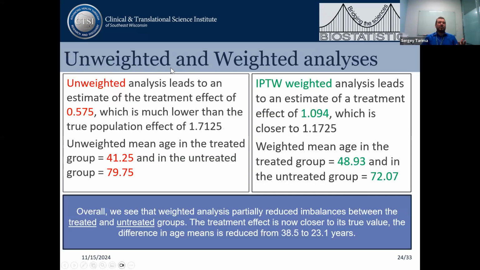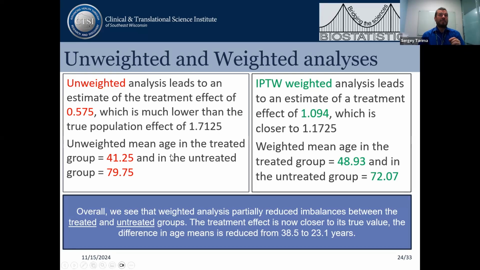And here I gave a little bit more details between unweighted and weighted analysis. In the unweighted analysis, the treatment effect was estimated as 0.57, then in the weighted analysis, it will be 1.09. And you remember the true treatment effect for all 8 patients was 171.